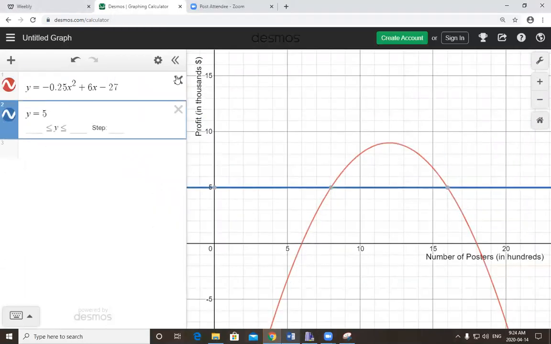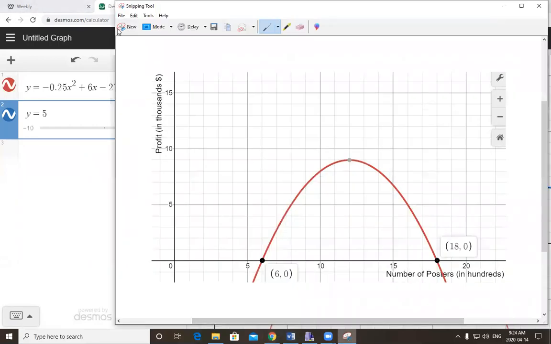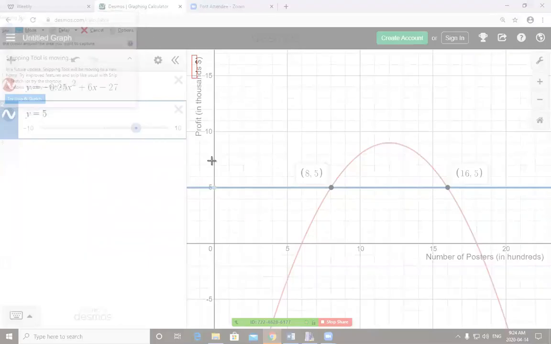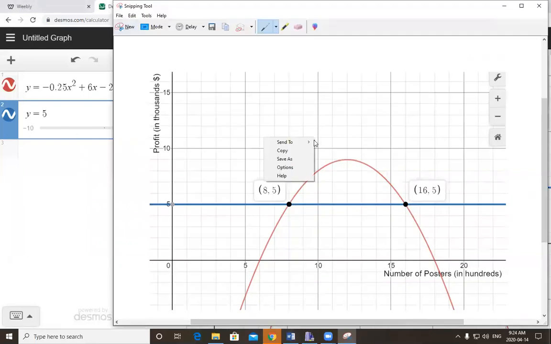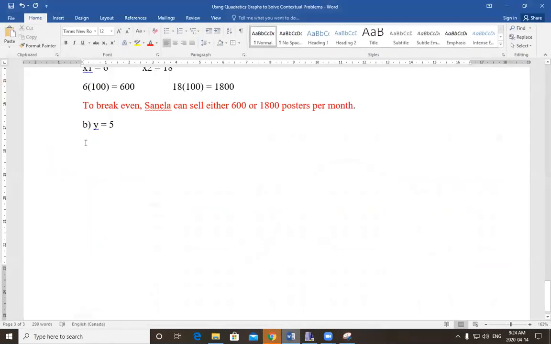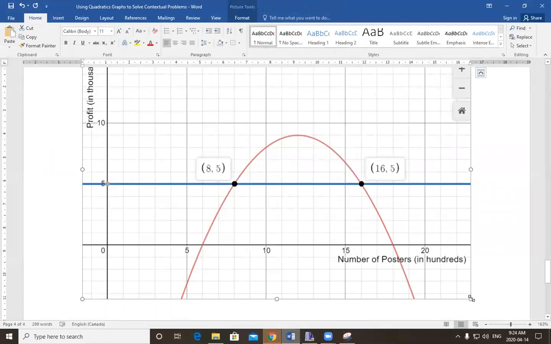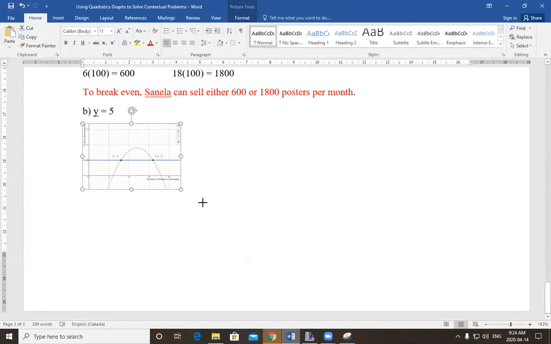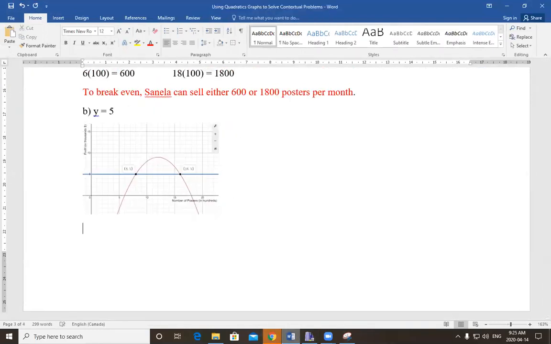And you'll notice that it touches the graph twice. So we're going to click on the 2 points. There we go. And we'll take another snip, copy that, and put it into our Word document. And you'll notice that we have two answers. Our number of posters is X, so our X1 is 8, our X2 is 16.